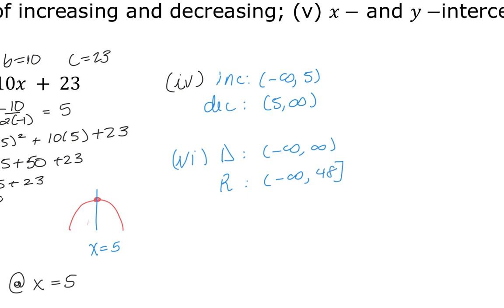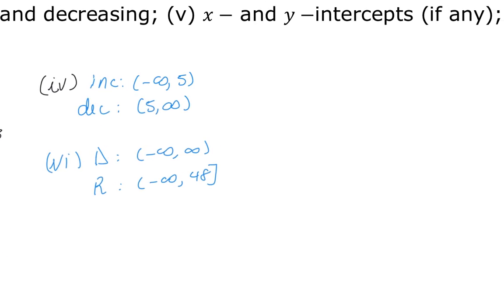And you're like, hey, wait a minute, what if I don't have a graph? Well, because we know the leading coefficient is negative, the k part of the vertex will be the maximum. So without the graph, since the k part is the maximum, it's going to go from -infinity to that maximum.